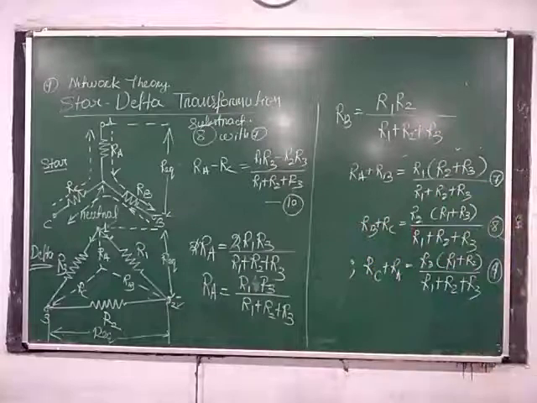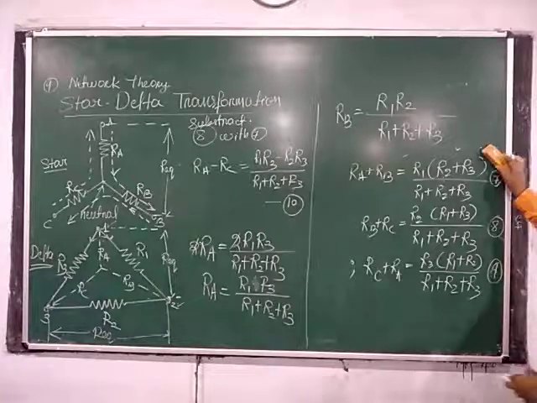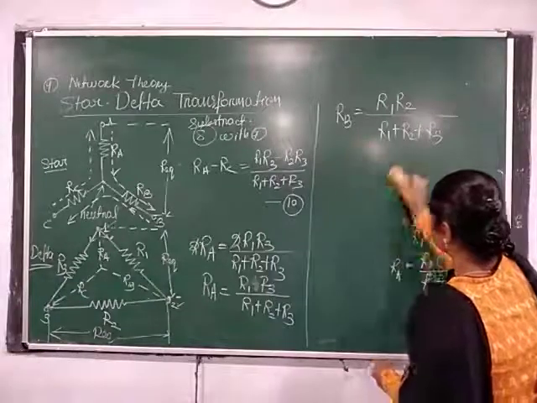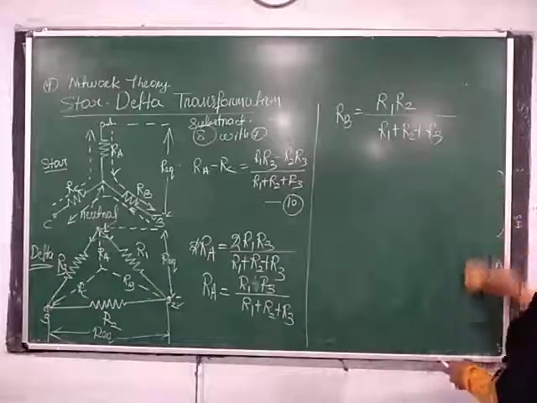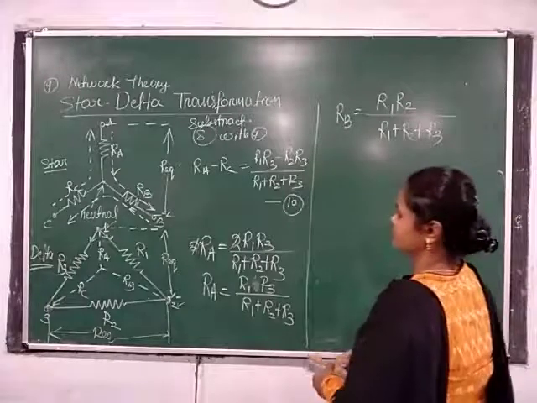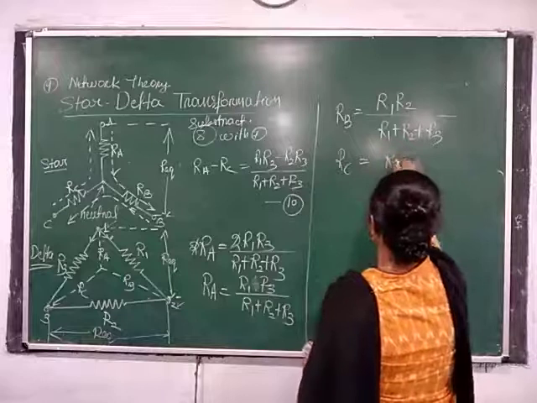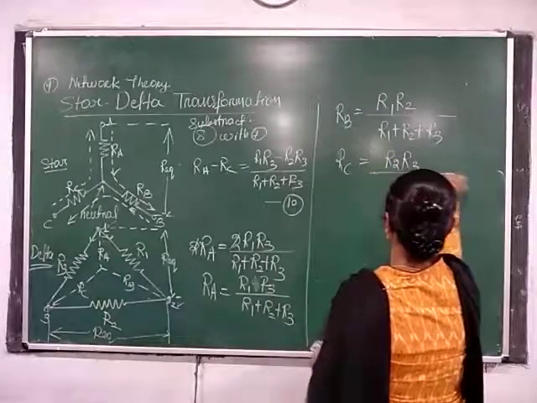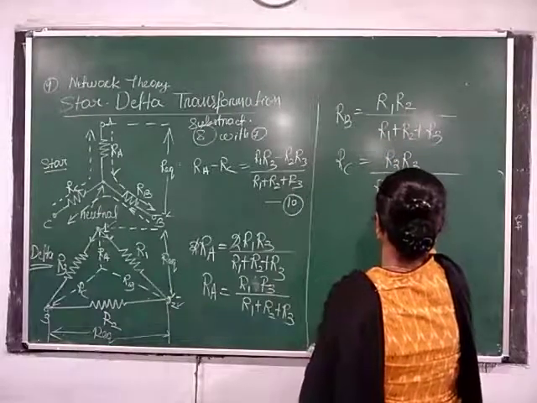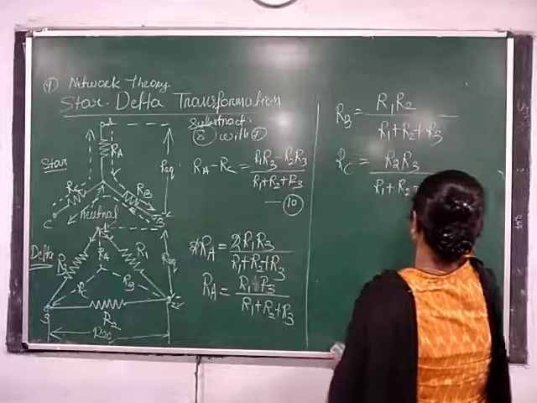Clear? Similarly, you get the value of RC, R2 R3 divided by R1 plus R2 plus R3.